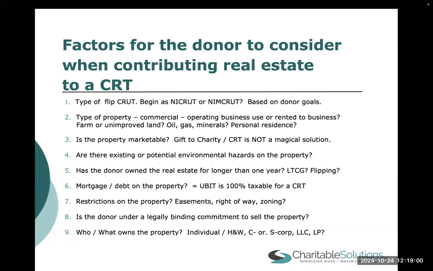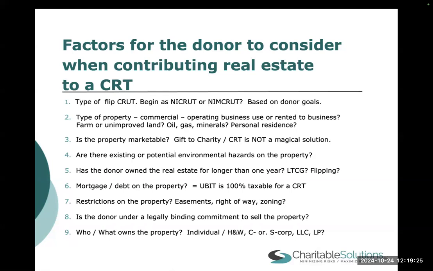That can be a pretty significant tax hit for your income beneficiary, and maybe they don't want that. And two, it takes a pretty big chunk out of the corpus of your trust right out of the gate. So you just have to talk to your donor. What is their goal ultimately? Hopefully in most cases, a net income CRUT.